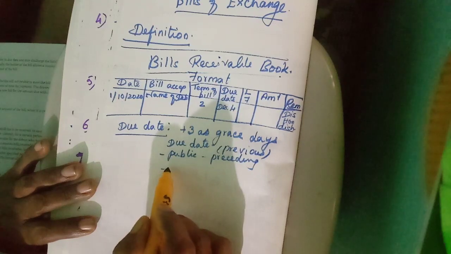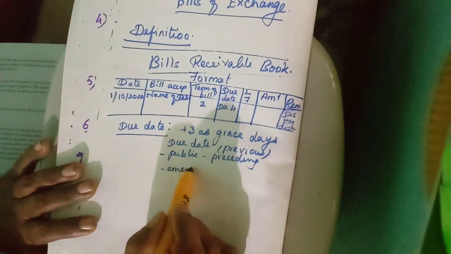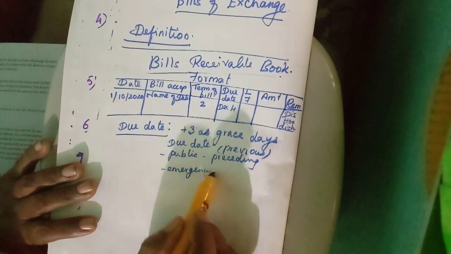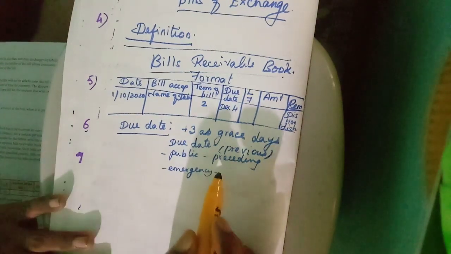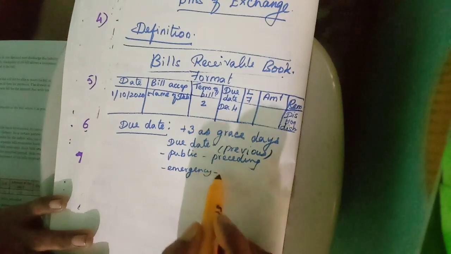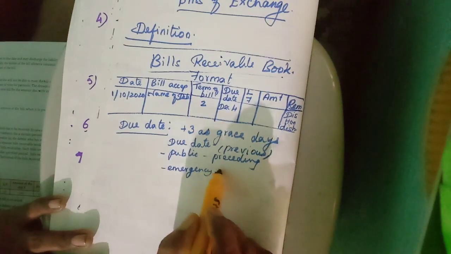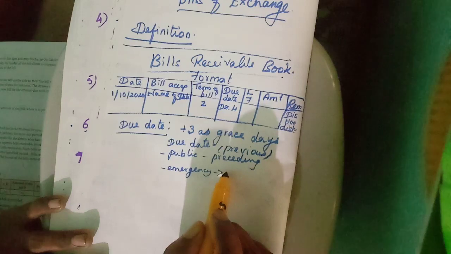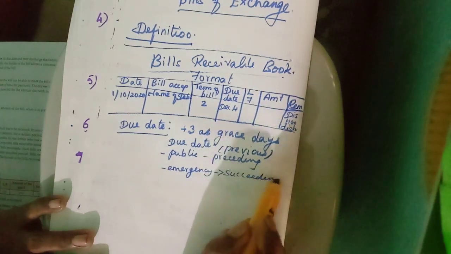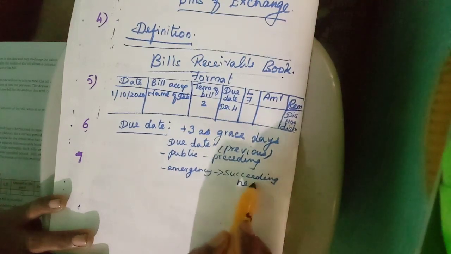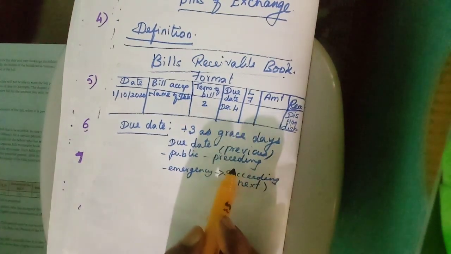But if it is an emergency holiday due to heavy rain or any natural calamity, whatever it is, any death of a leader, then the due date falls on the succeeding day. What is the meaning of succeeding day? The next day. Okay, this one you may not forget.